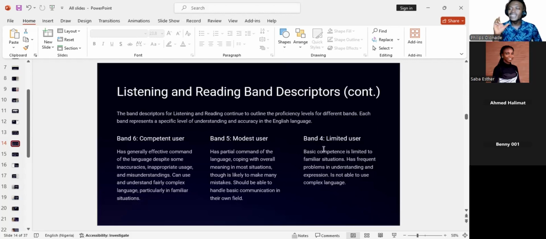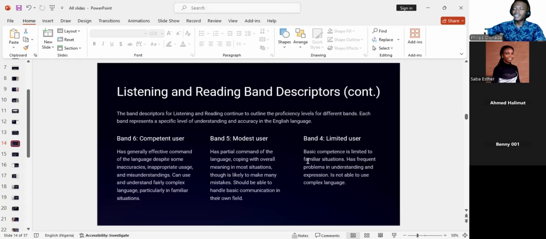Then band 4, you are a limited user. This is a person who makes a lot of mistakes, a lot. I don't know how many of us have met someone who probably makes a lot of mistakes when they speak English. Maybe they use past tense when they should not use past tense. They refer to a boy as she.